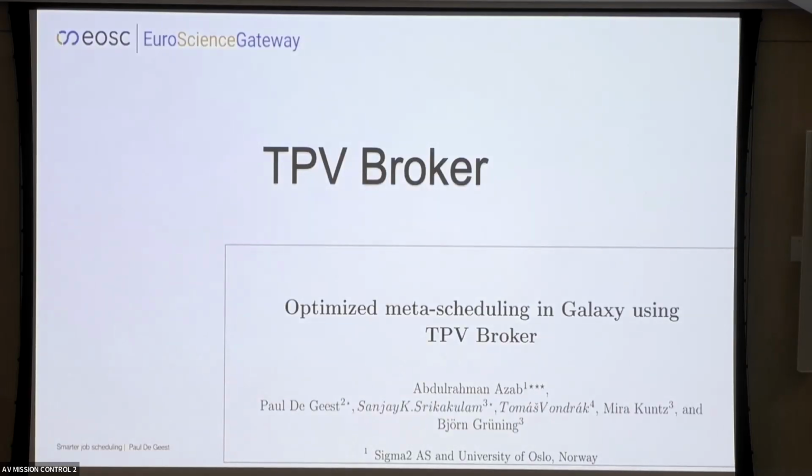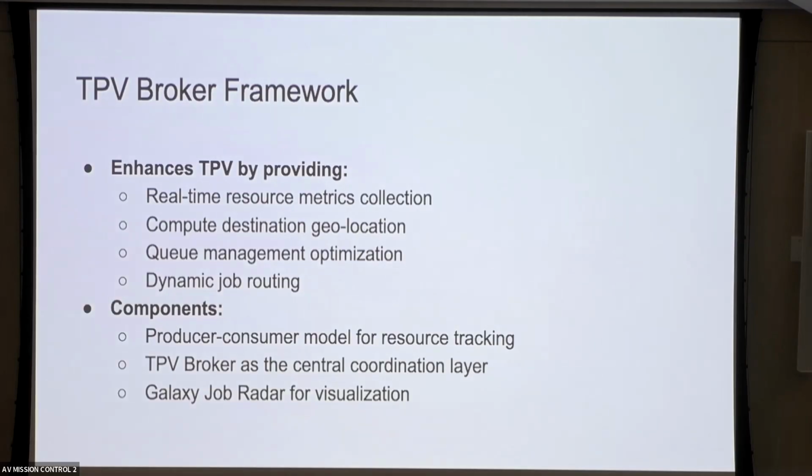So what we came up with is, like I said, the broker. Basically, it's an API. It's a Python application that calculates the most optimal location or compute endpoint based on real-time metrics we collect of each of these endpoints: how many jobs are running, how many are in the queue, and other similar metrics.